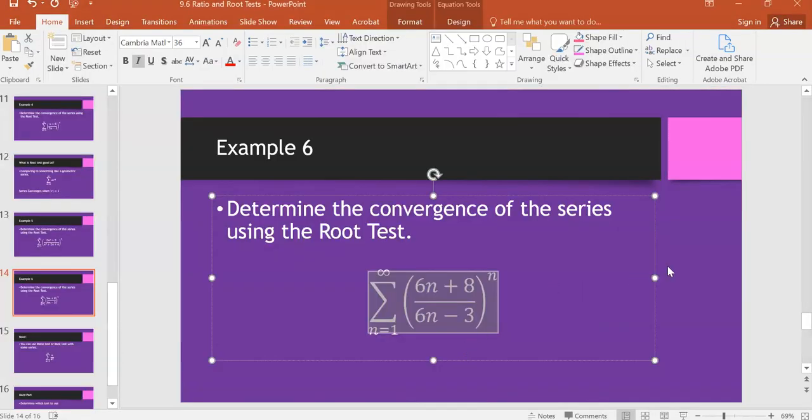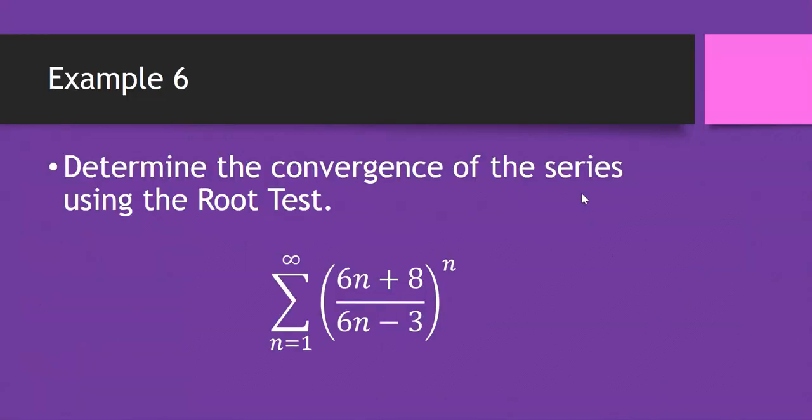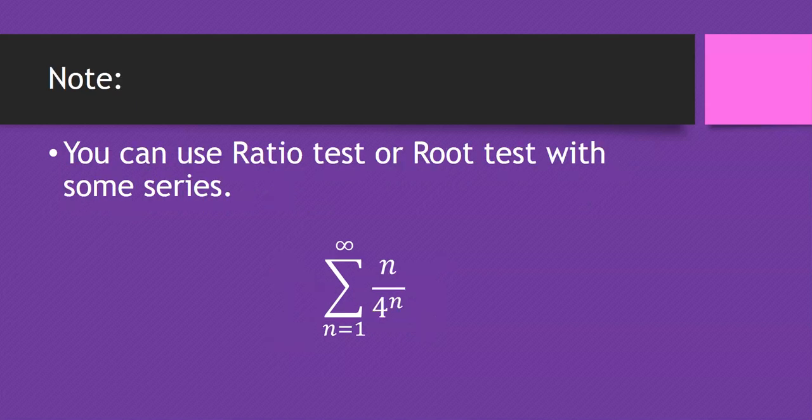Now, lastly on this, a lot of these tests that we're using, whether they're the root test or the ratio test or any other test that we've been doing, there's a number of different tests that you can use with some series. Some series you can use multiple tests with. This is an example.